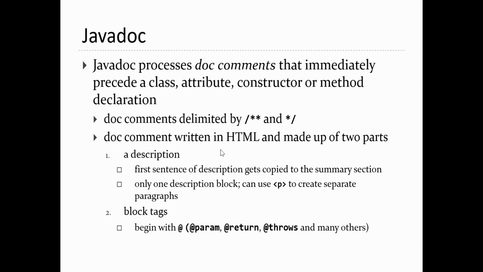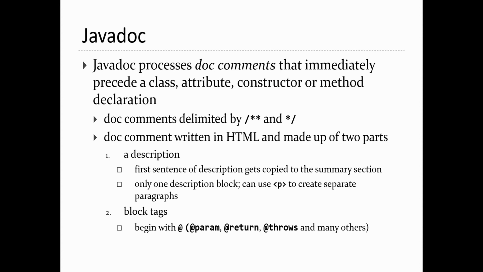Every documentation comment is made up of two main parts. There's some description, which is the description of the method, the class, or a field, and it can be as long as you want. And then there are a bunch of what are called block tags.